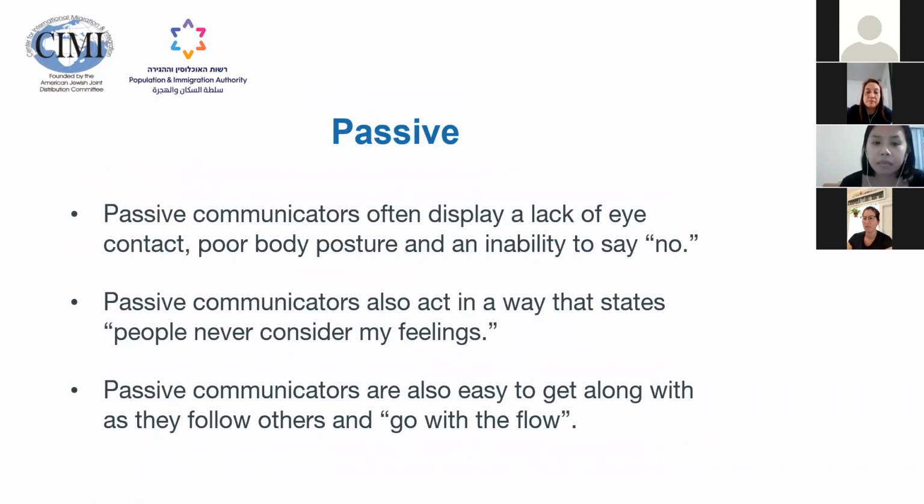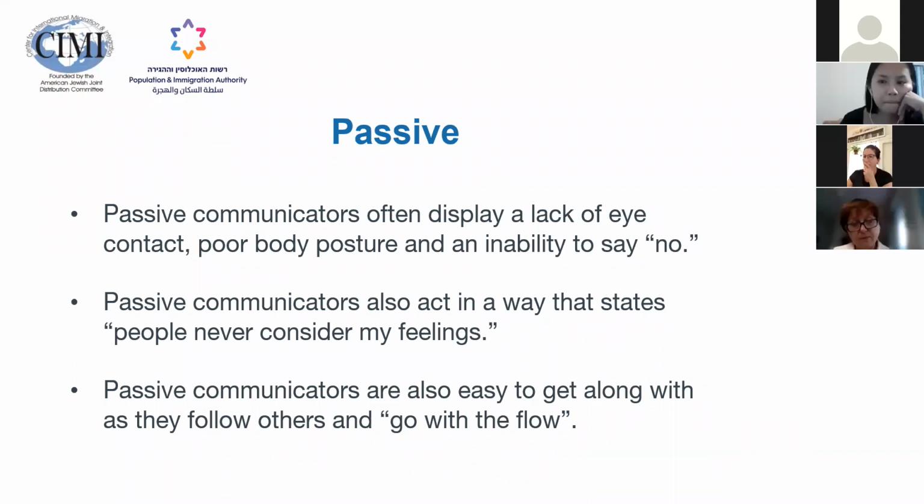So let's talk about the passive style of communication. Passive communicators often display a lack of eye contact, poor body posture, and inability to say no. Passive communicators also act in a way that states, "People never consider my feelings." And passive communicators are also easy to get along with, as they follow others and go with the flow.